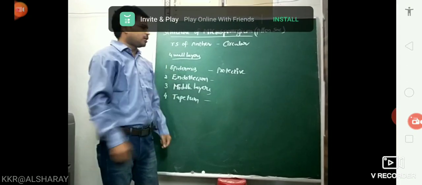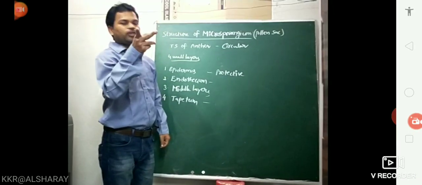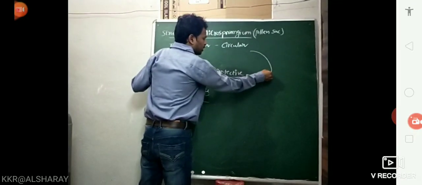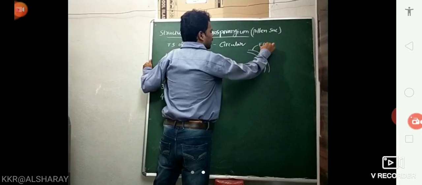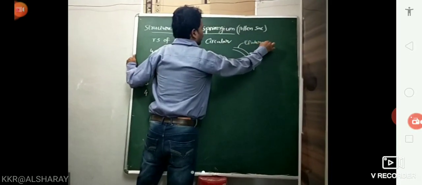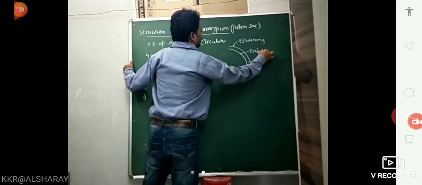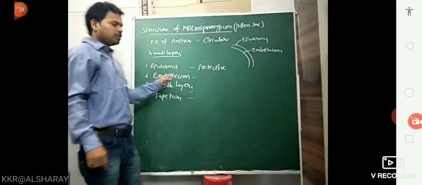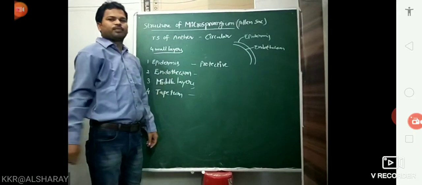So in the microsporangium, the first layer is epidermis, and below the epidermis the endothecium is present. That's why the hypodermis of the microsporangium is the endothecium.